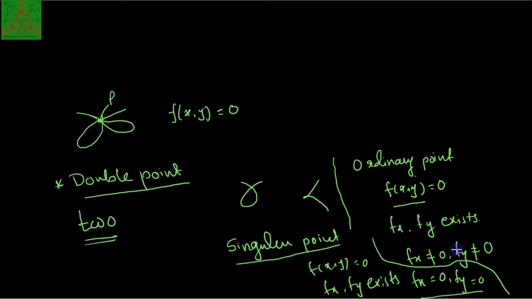Singular points have the same condition, but fx and fy are simultaneously 0. So these are the classification of the points for the curve.